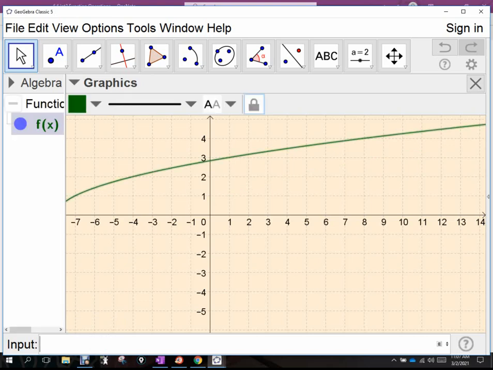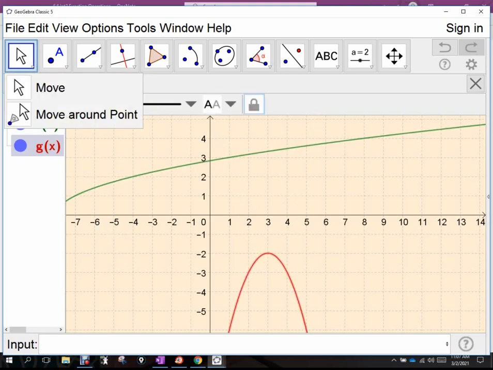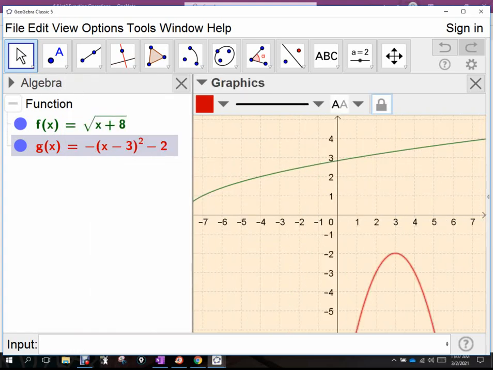And then let's say we've got another function, let's call it negative x minus 3 squared minus 3. So let's say I gave you those two functions.